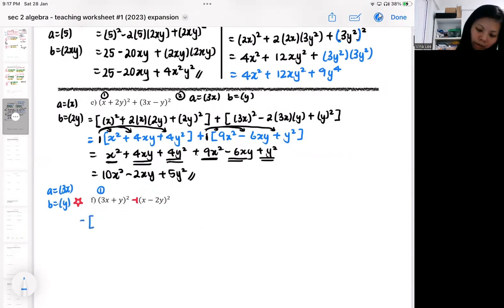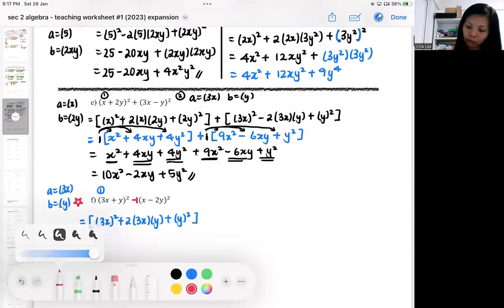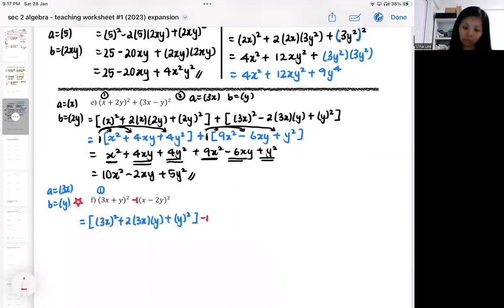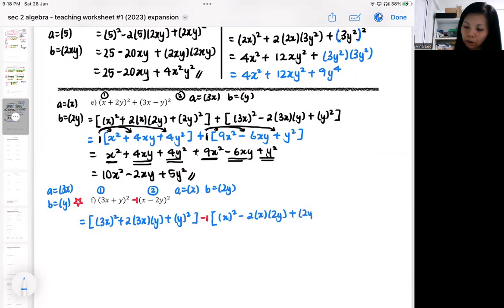So formula 1, A squared plus 2ab plus b squared. Then you're going to subtract. So this part is formula 2, A is x, B is 2y. Okay, do your formula 2. A squared minus 2ab plus b squared.